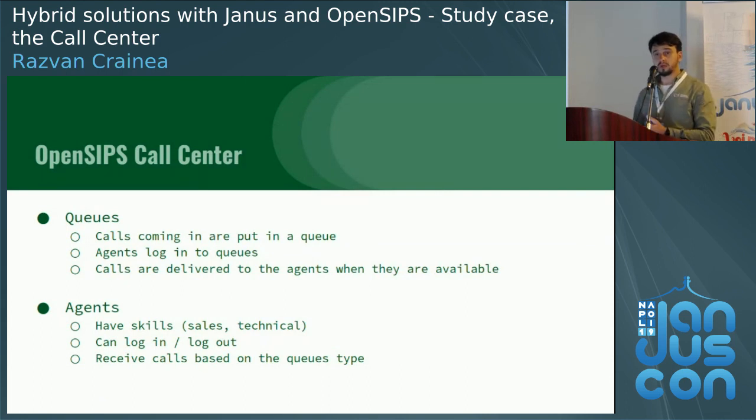How it works: calls come to OpenSIPS and are put in a queue. Agents log into OpenSIPS, and they are ready to receive calls from that queue. Of course, agents can log in and log out based on their status.